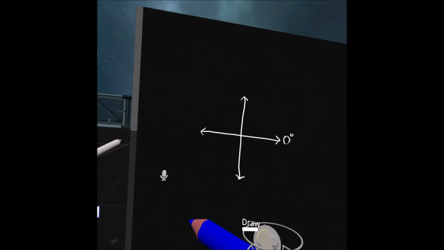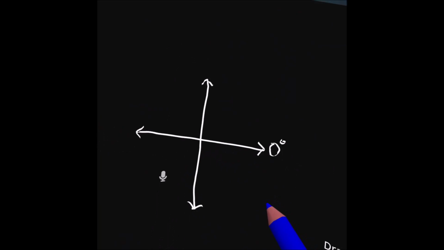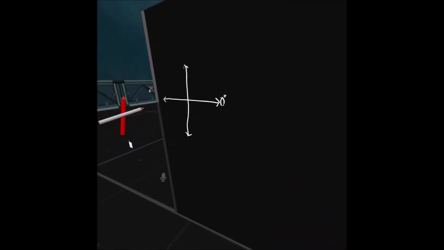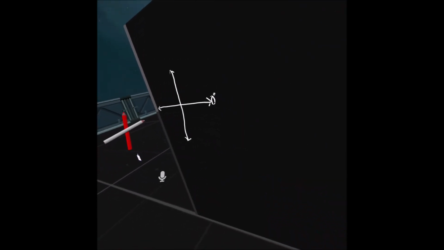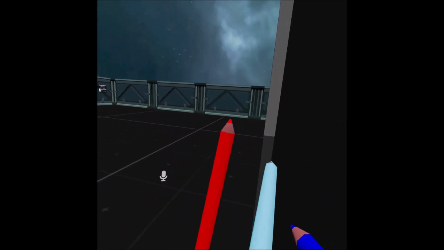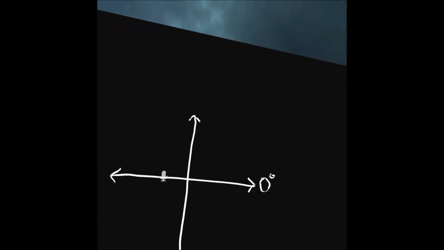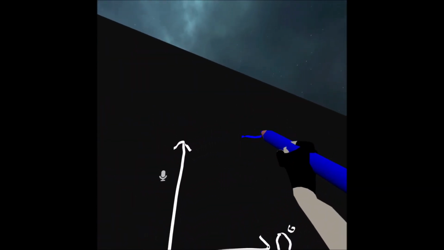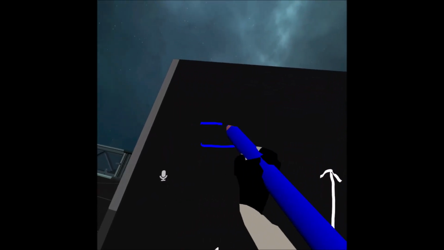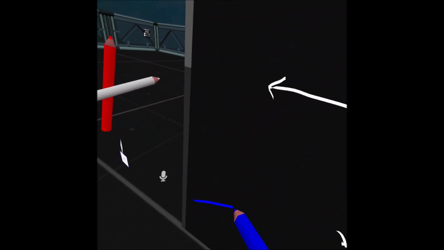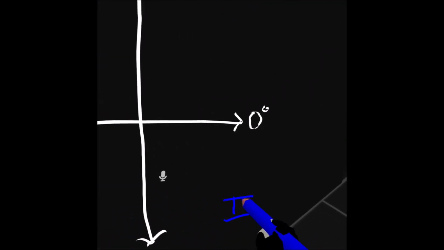Okay, so that's it. Next thing is quadrants. So we have quadrant 1, quadrant 2, quadrant 3, and quadrant 4.